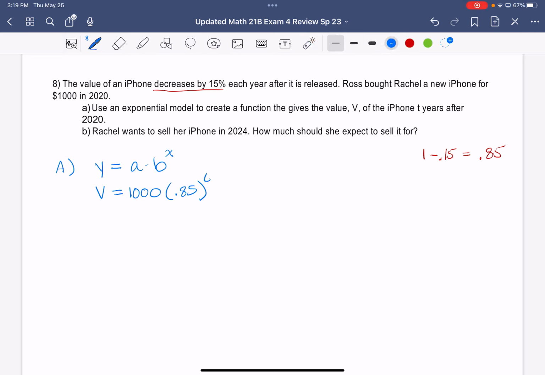Yeah, to the power of t. Because that's what they said here, right? Use an exponential model to create a function that gives the value v of the iPhone t years after 2020. So t. Would that really matter on the test? If the variable is specified, then yes, I want you to use the specified variable. If it doesn't say what variable, then you can use whatever variable your heart desires.